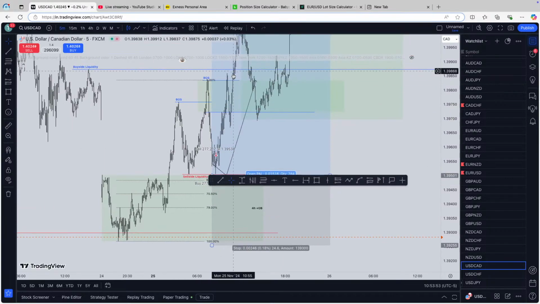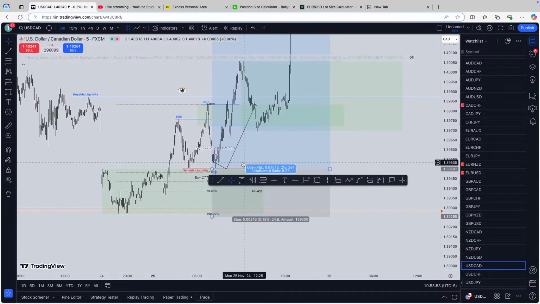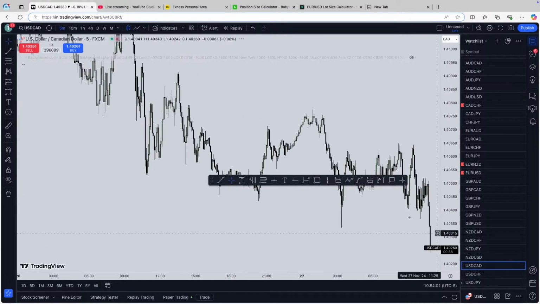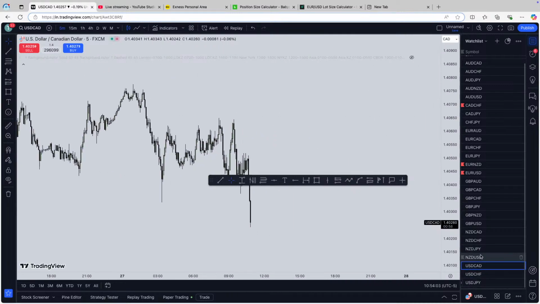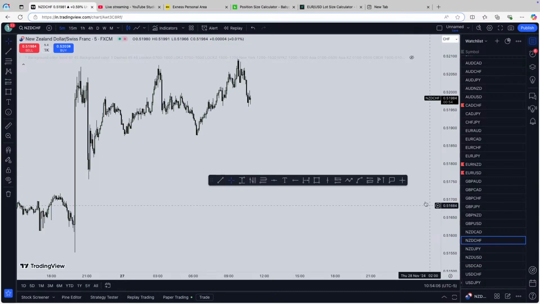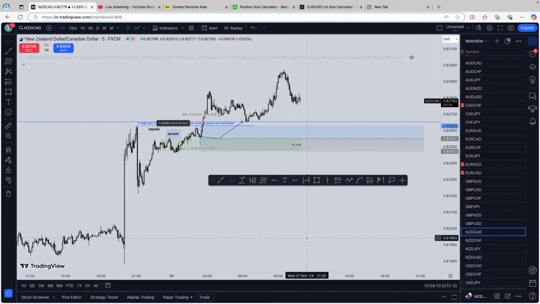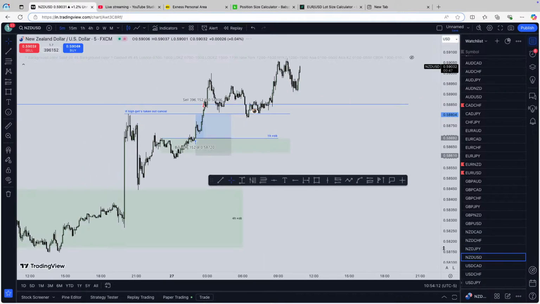This whole damn move. So today, on this pair, I think it was New Zealand dollar and the USD.